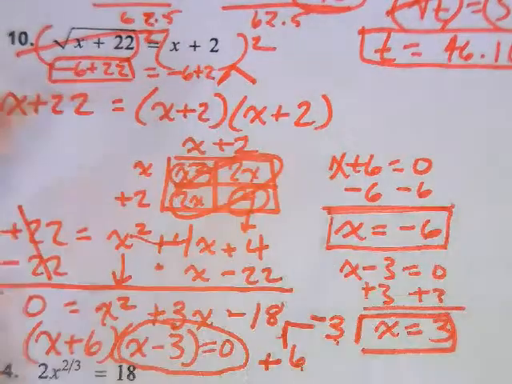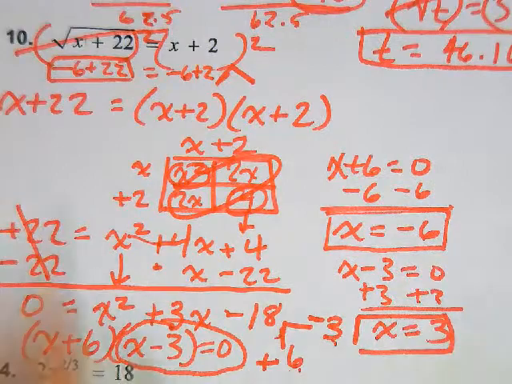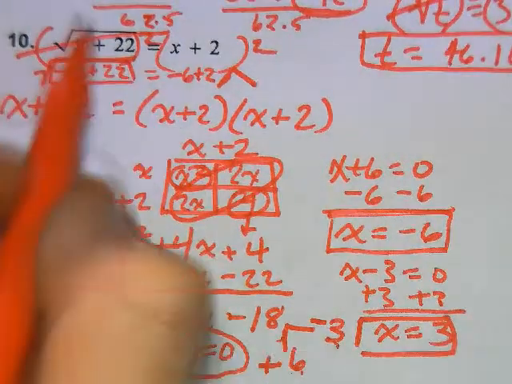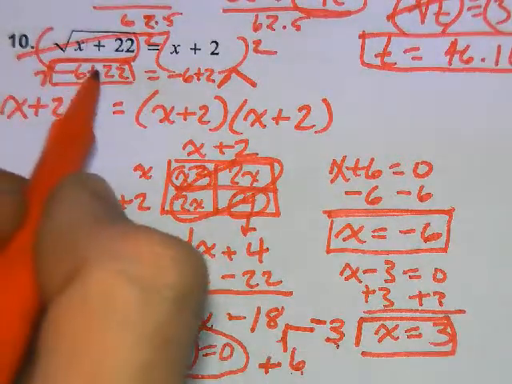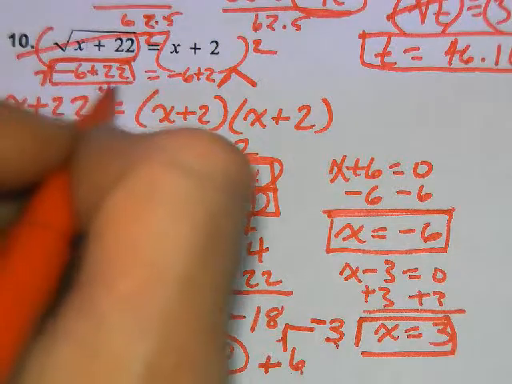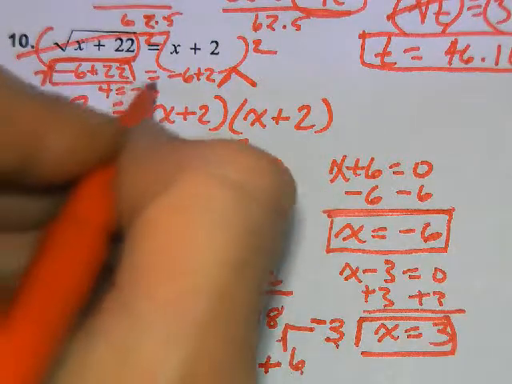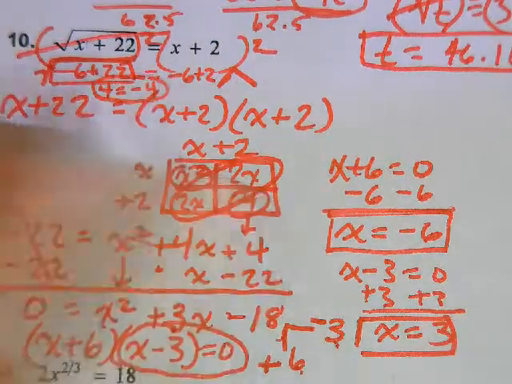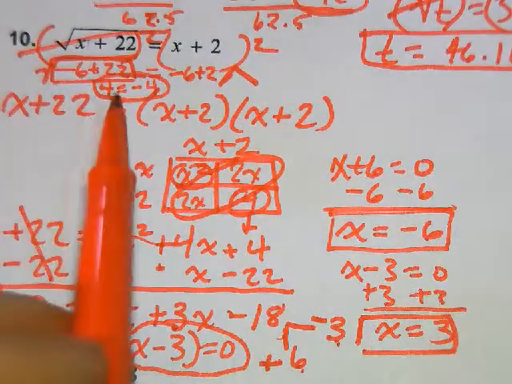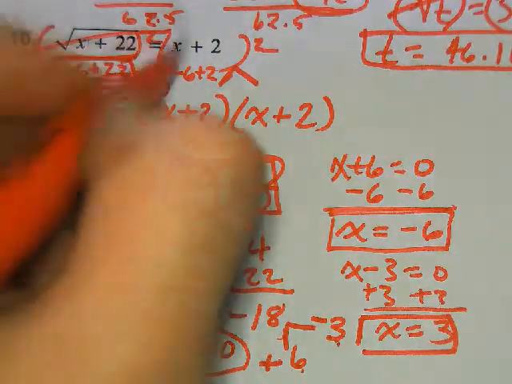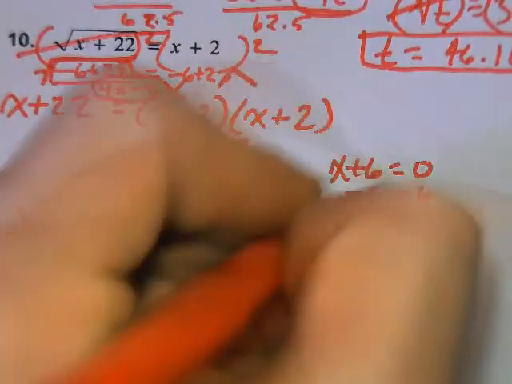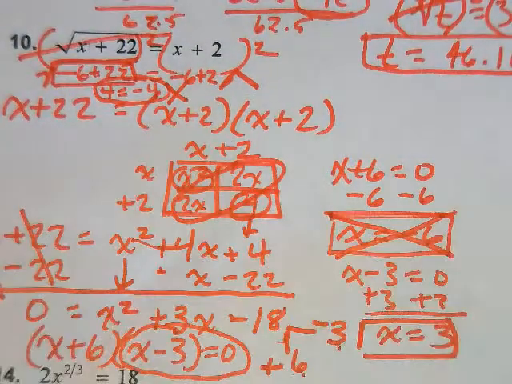So this is the square root of 16, which is 4, and over here we have negative 4. So in my answer space, I have 4 equals negative 4. This is a false statement, and it means that negative 6 is not a real root. It's an extraneous solution.